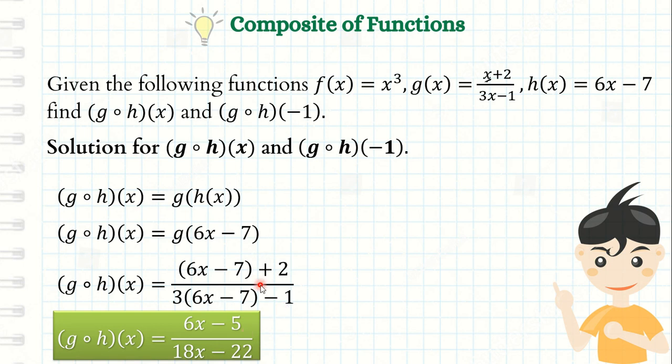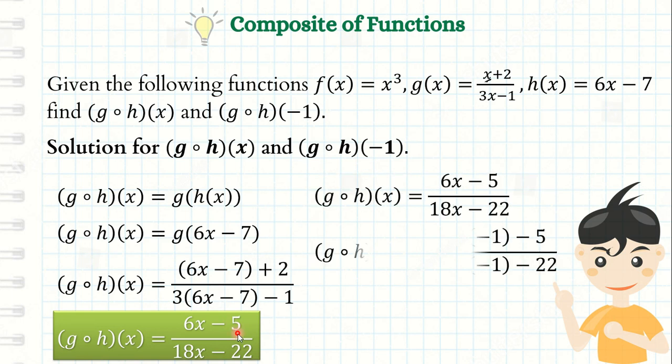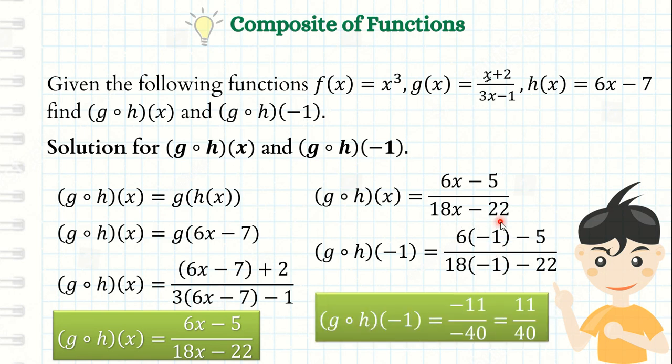So after po neto, let's find naman po si g of h of negative 1. Paano? By substituting po yung negative 1 sa lahat po ng x na makikita po natin dito. So first thing, we have 6x, that will become 6 times negative 1. Then 18x, 18 times negative 1, bring down negative 5, bring down negative 22. Then distribute lang natin yan to simplify our answer, then combine it.